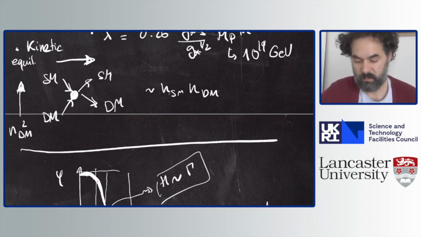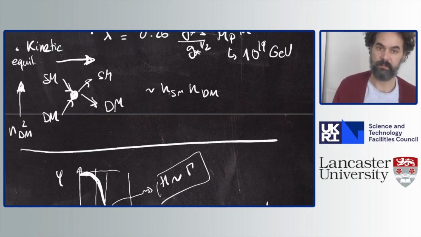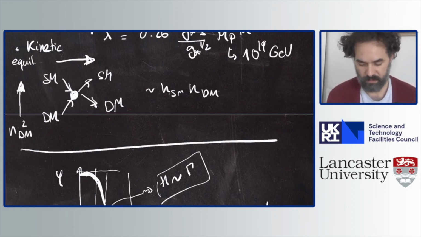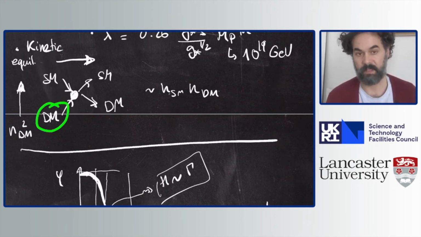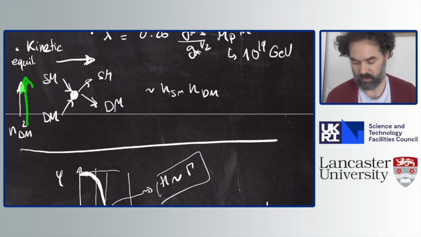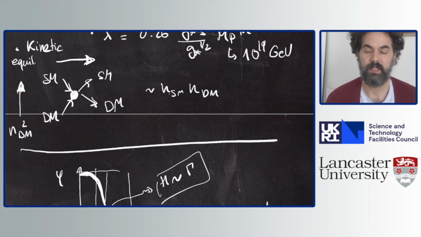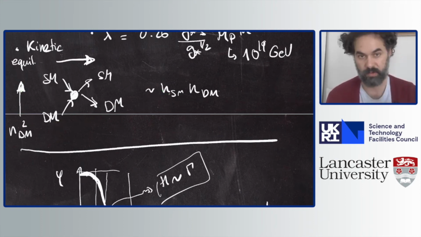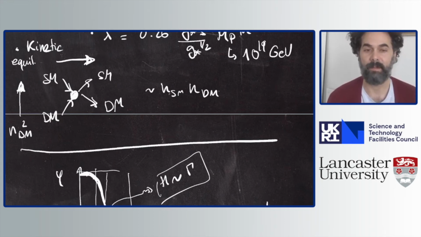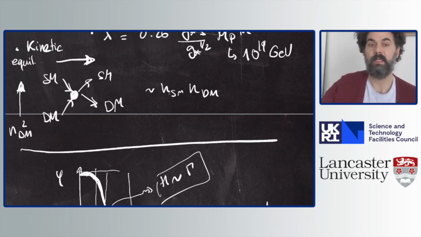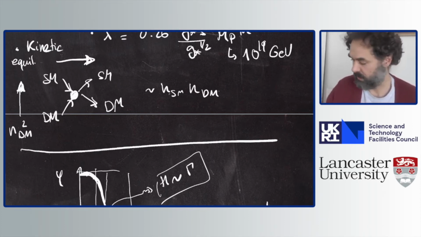The reason why this is important is because the rate for these reactions is going to be proportional to the number density of standard model particles and dark matter particles, whereas the rate of this reaction is going to be proportional to the number density of dark matter particles squared. So these two can be quite different. Sometimes you can have kinetic equilibrium, so the distribution is close to thermal, but not chemical equilibrium. We are not going to explore this in detail, but this is something that is important in some models of dark matter and beyond.